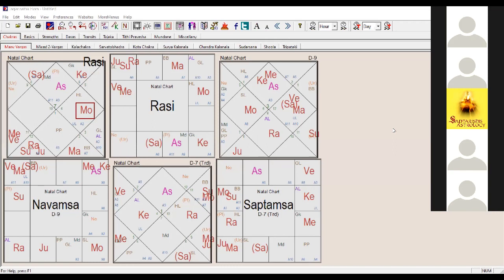From Lagna, moon is in the 10th house. So write down moon equals 10th house. Now moon is aspecting the 4th house.